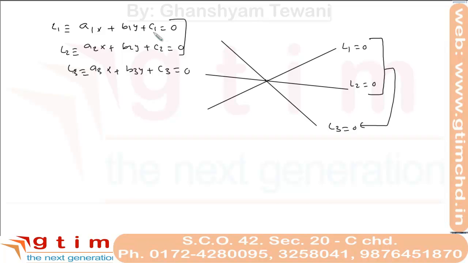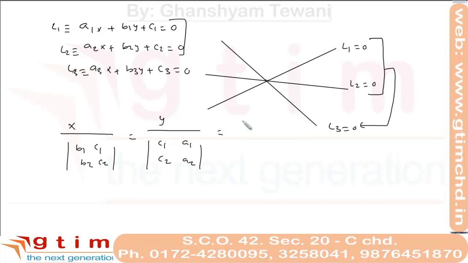When we solve the first two lines by the cross multiplication method, we have this solution: x upon this determinant, y upon this determinant, is equal to 1 upon this determinant.